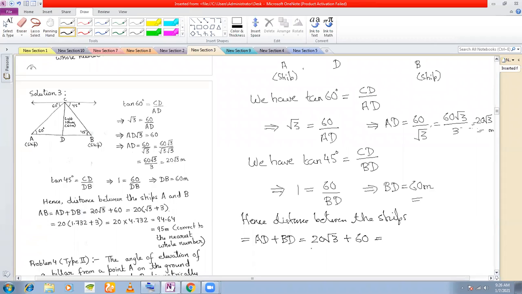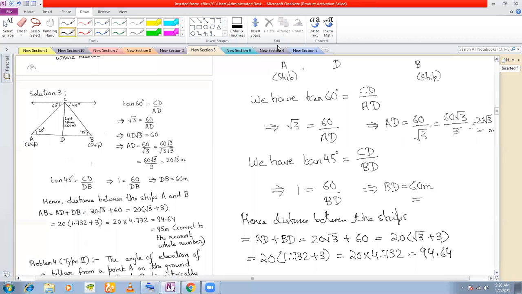So you can take 20 common. You get 20 times root 3 plus 3. Root 3 is 1.732, plus 3, which is 20 into 4.732.